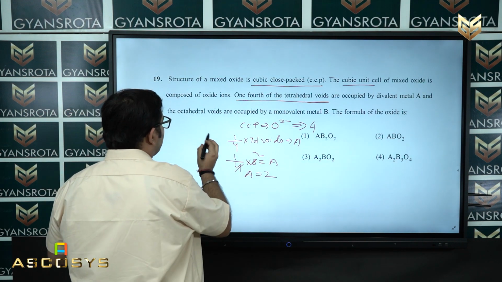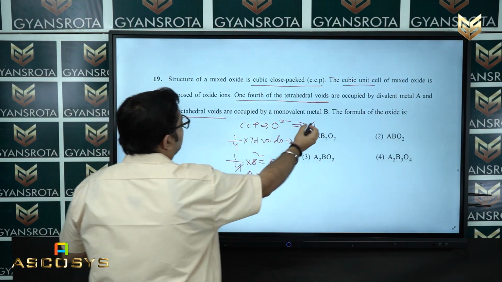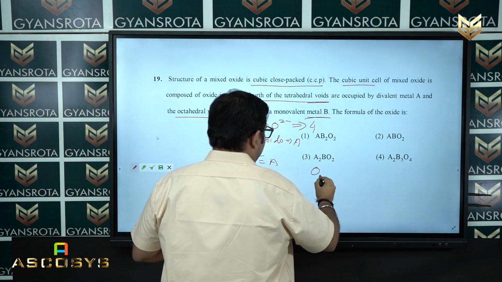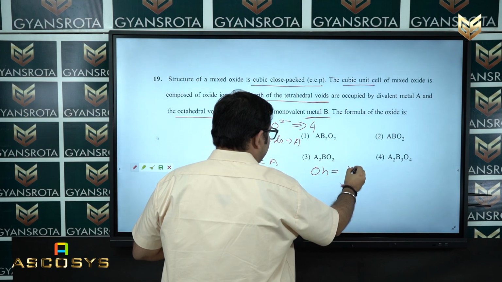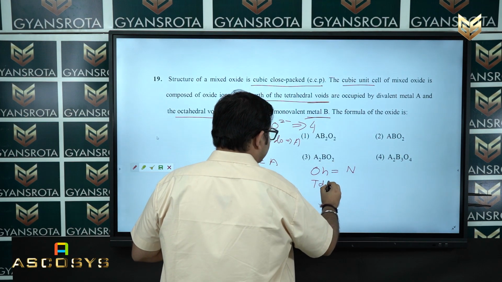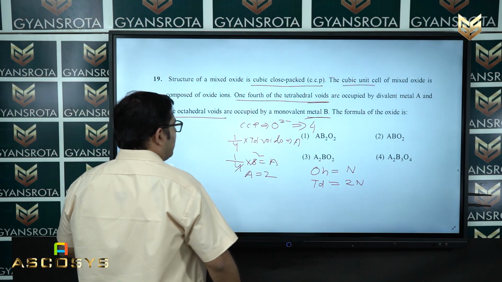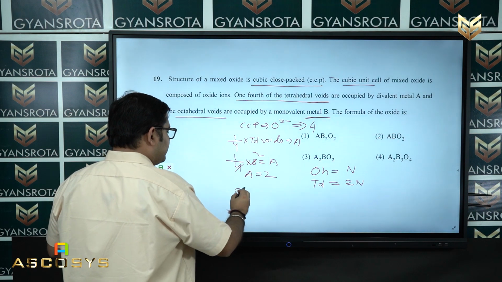Now B is occupied by octahedral voids. Always remember, if the number of octahedral voids is n, then the tetrahedral voids will be twice of n. Now how many tetrahedral voids are there? 8. So how many octahedral voids will be there?